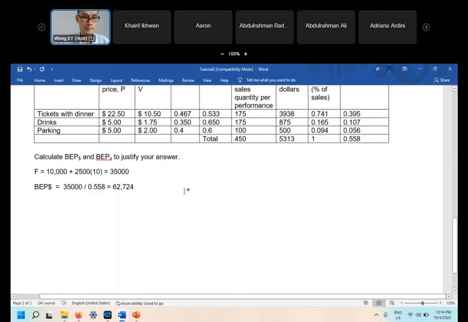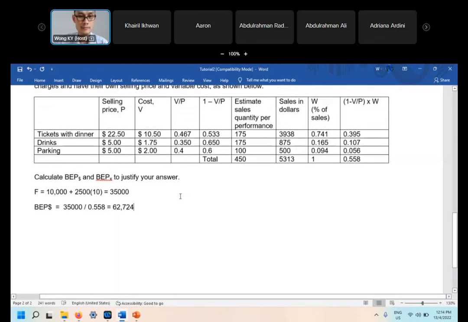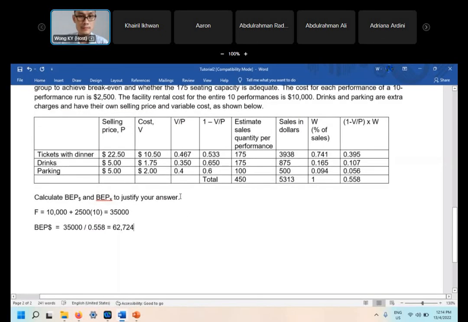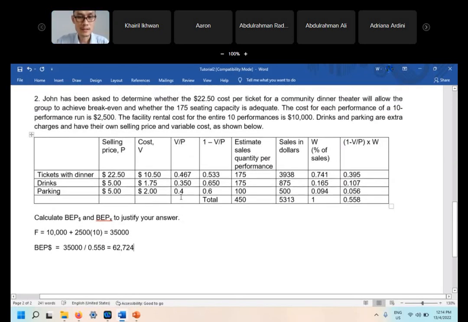So is this adequate? Is this enough to break even? Yes or no? The break-even point in dollars for a total of 10 performances is 62,724 dollars.